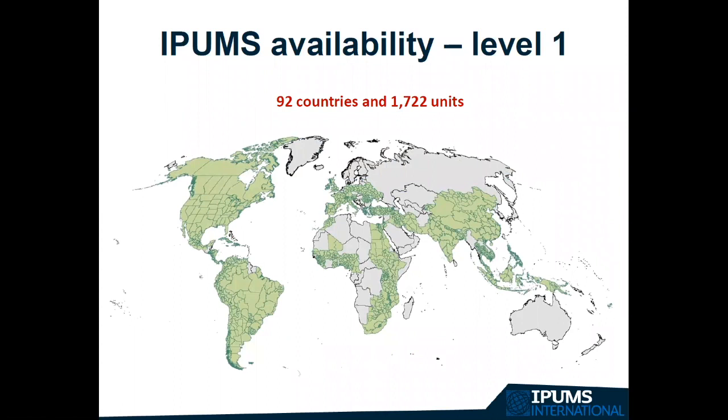IPUMS provides data on the primary level of geography and whenever available, the secondary level of geography. So for primary level of geography, we have data on 92 of the 94 countries in the database along with GIS shapefiles.